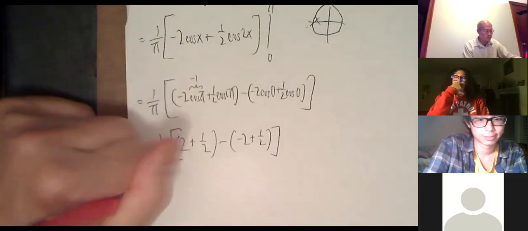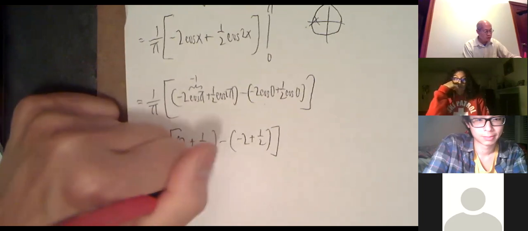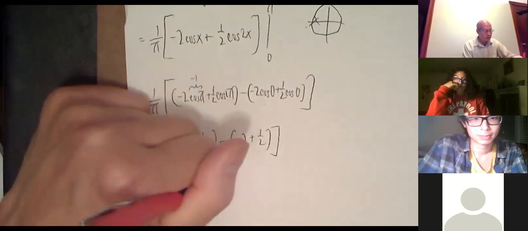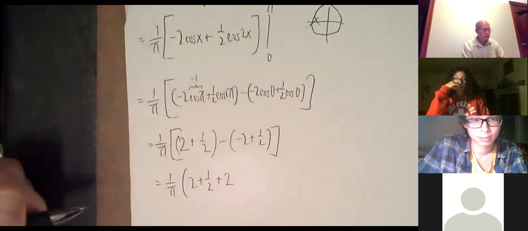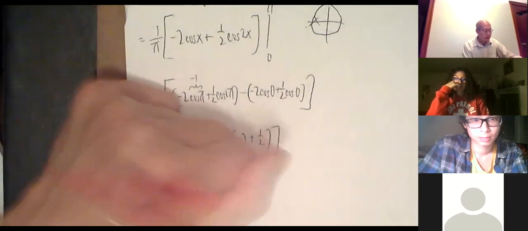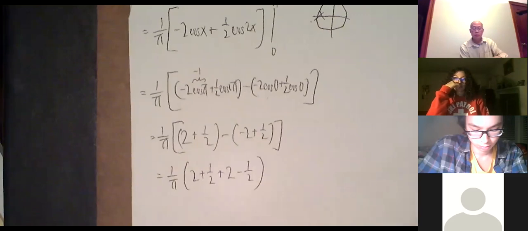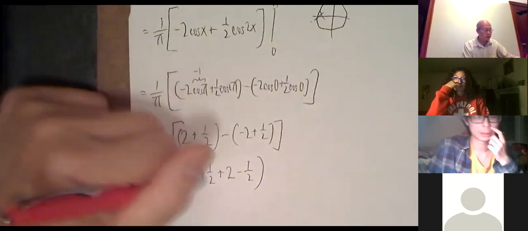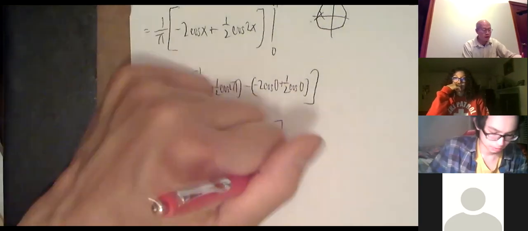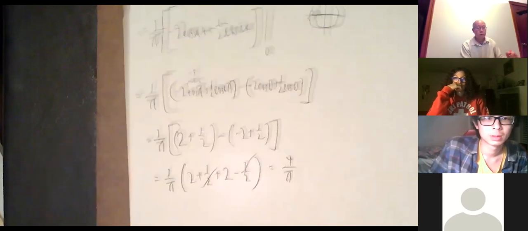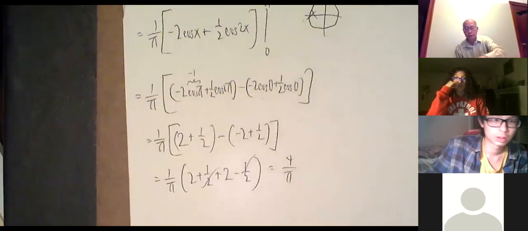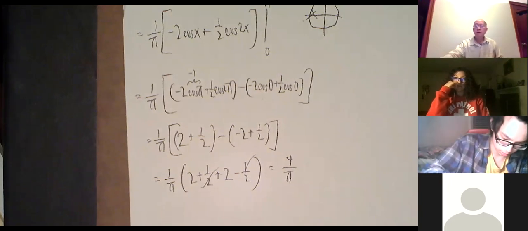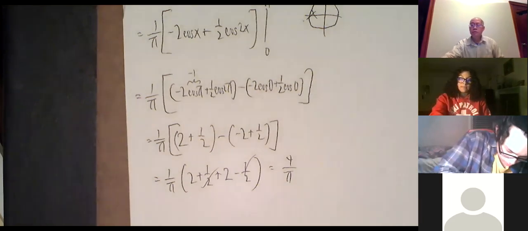Clean that up. 1 over pi times 2 plus 1/2 plus 2 minus a half. Looks like the halves cancel out. So I have 4 over pi. Okay, you're welcome.